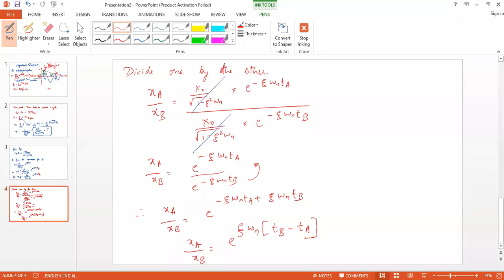Is it clear? Any doubt? XA by XB is the ratio of two successive amplitudes. Any doubt? No, sir.